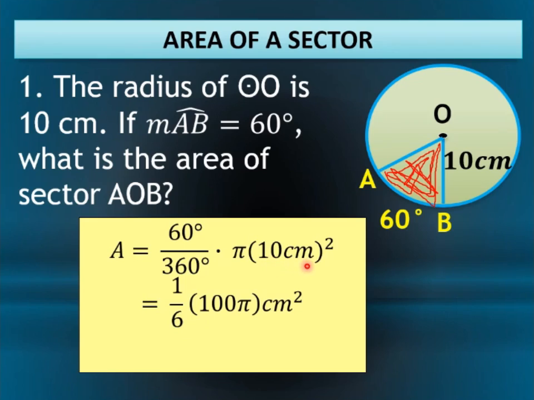And then 10 centimeters squared will be 100 square centimeters multiplied by pi will be 100 pi square centimeters. Simplifying these, the area of the sector will be 50 pi over 3 square centimeters or 52.36 square centimeters.